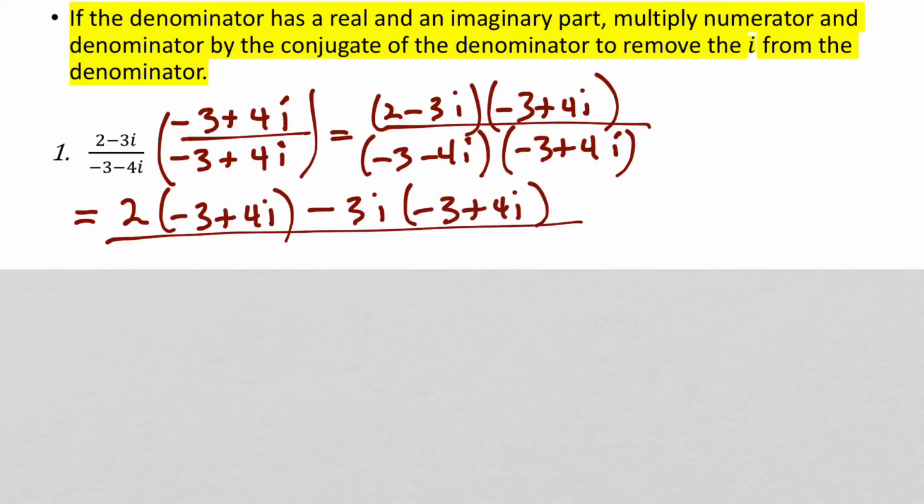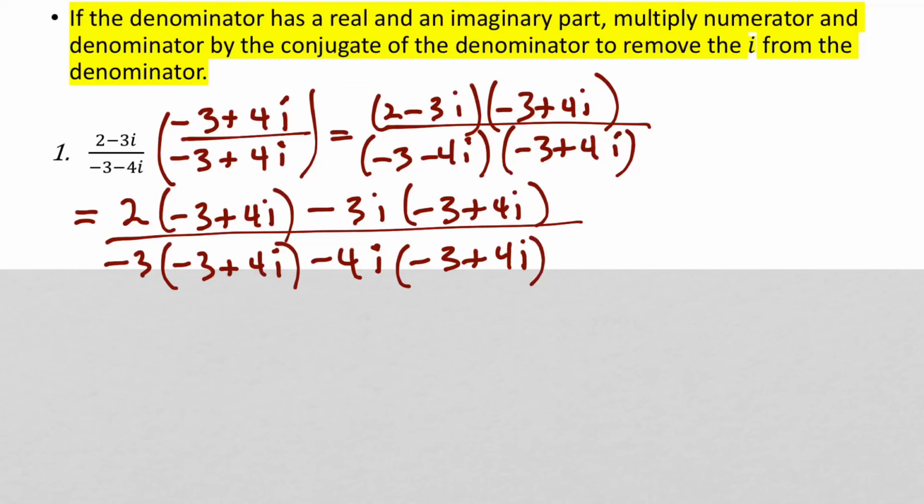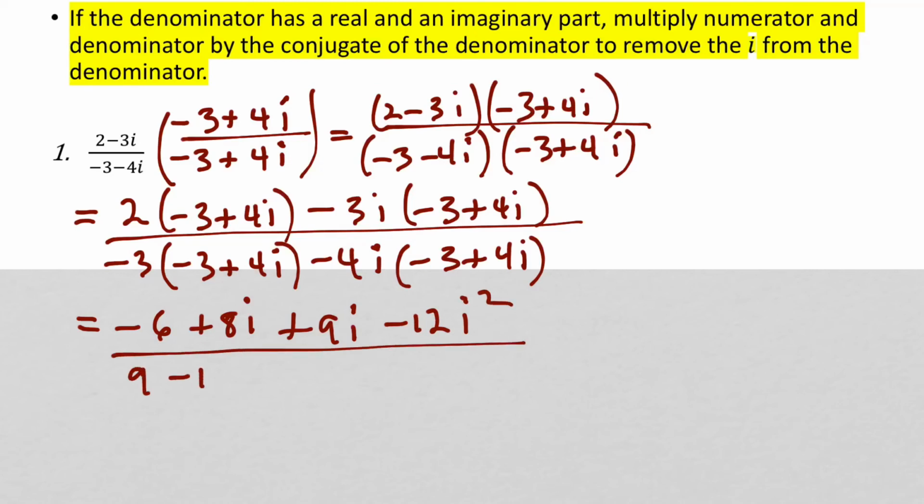On the bottom, negative 3 times minus 3 plus 4i, minus 4i times negative 3 plus 4i. Okay, I've got a lawnmower outside my window, but I'm going to keep recording. So I'm just going to distribute here. So that's the numerator. And that's the denominator. So I just did the distributing.